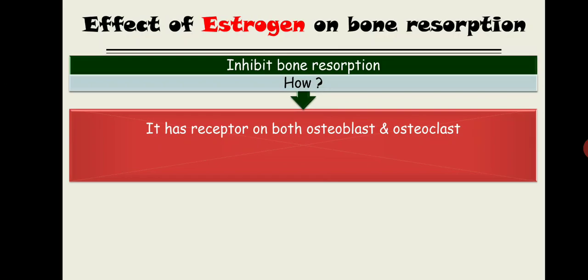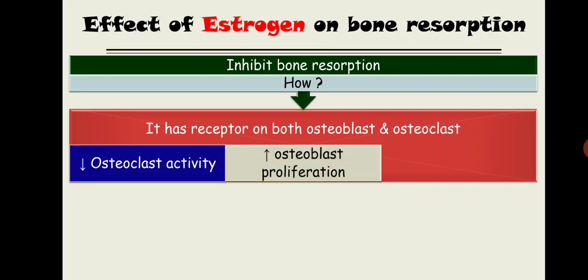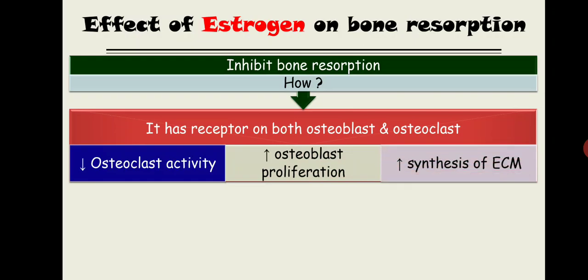So it inhibits bone resorption and it inhibits the release of calcium from the bone. It has three different actions. One is over the osteoclast: it decreases the activity of the osteoclast. It increases the activity of the osteoblast. It increases osteoblast proliferation from the fibroblast, obviously. And it increases the synthesis of extracellular matrix.